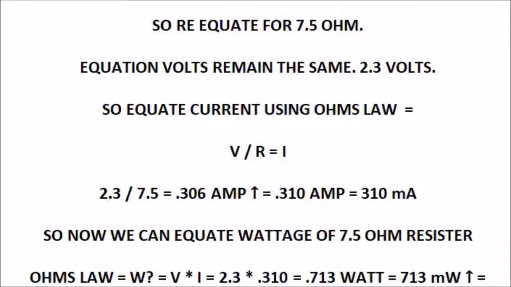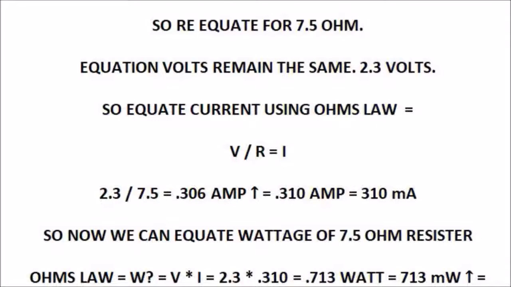So watts equals volts times current. So 2.3 volts times 0.310 amps equals 0.713 watts. So we're going to round up to 713 milliwatts. That's why the arrow's there again, because we're rounding up.